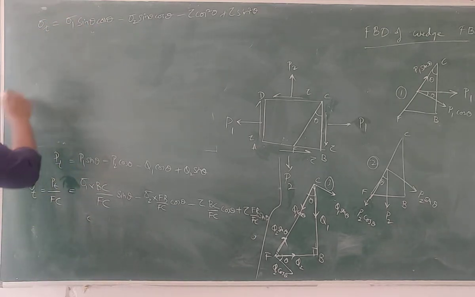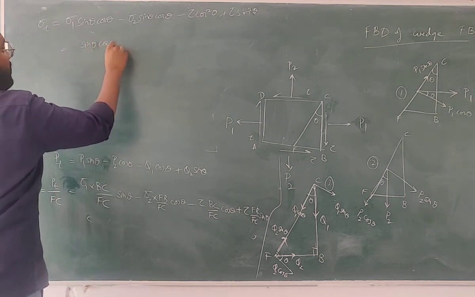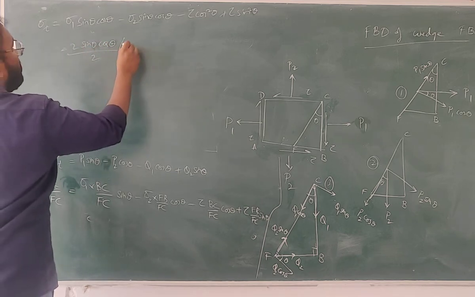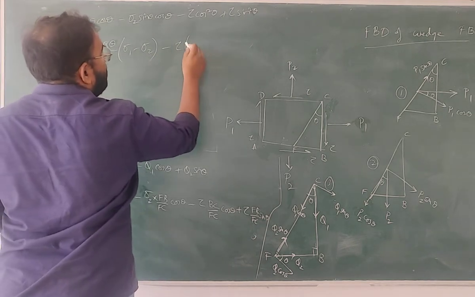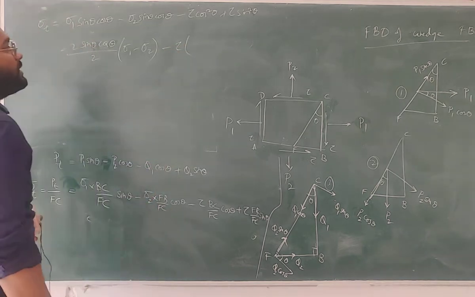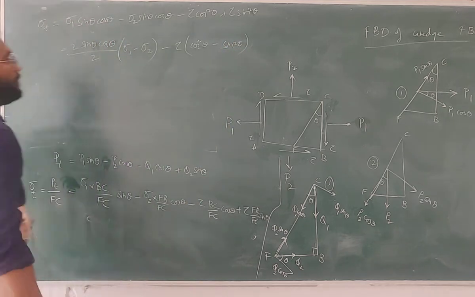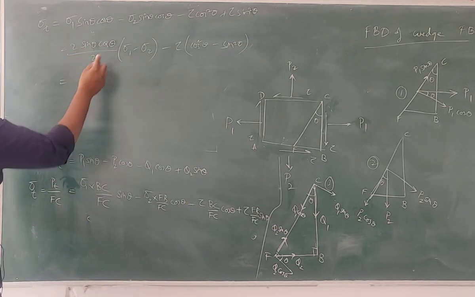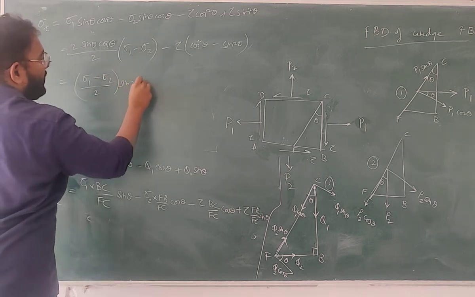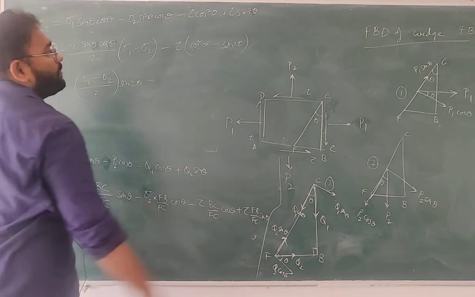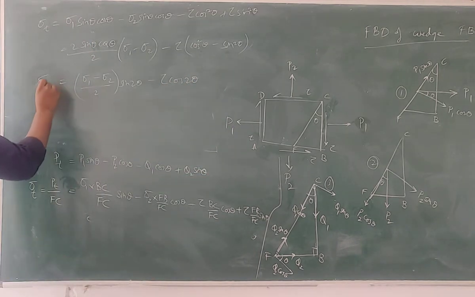So if I take sin theta cos theta as common and multiply and divide by 2, this will be sigma 1 minus sigma 2 minus tau into, if I take minus tau common, what will be the answer? Cos square theta minus sin square theta. So, what is 2 sin theta cos theta? Sigma 1 minus sigma 2 by 2 sin 2 theta minus, what is this? Tau cos 2 theta. So this is the final answer for sigma t.